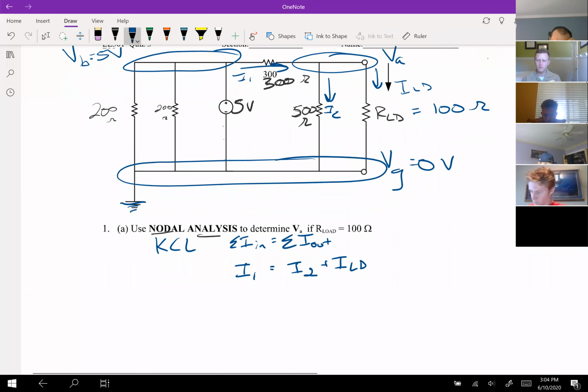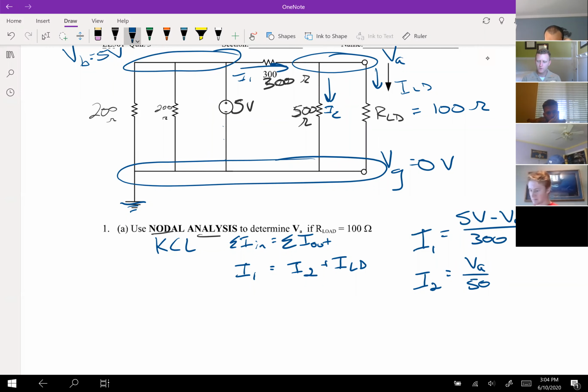Now we can put Ohm's law for each of these currents. I1 is going from B to A, 5 volts minus VA, VA is unknown, going across 300 ohms. I2 is going from VA down to ground, so minus 0, or just VA over 500 ohms.